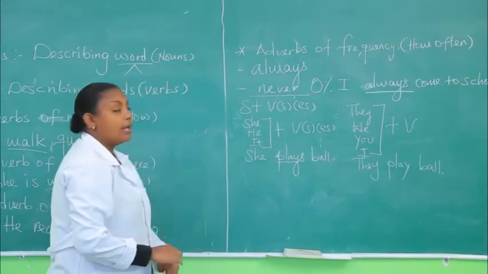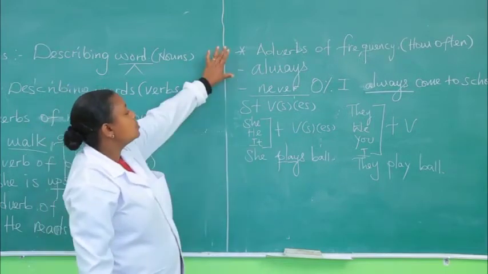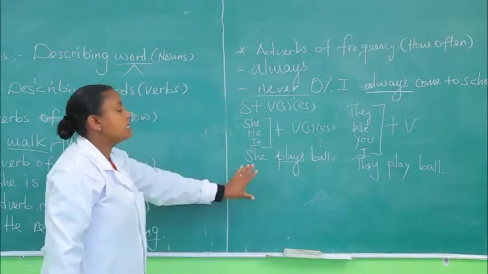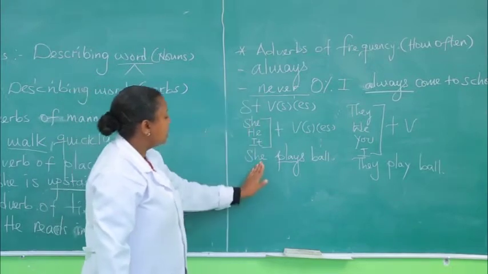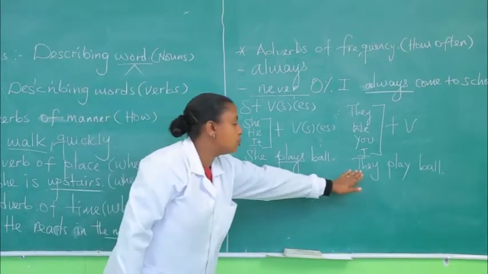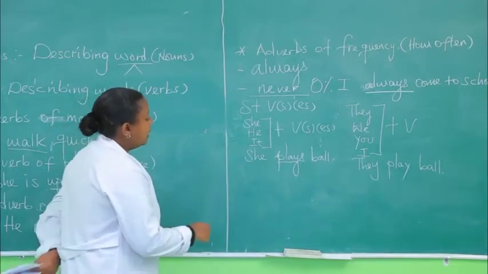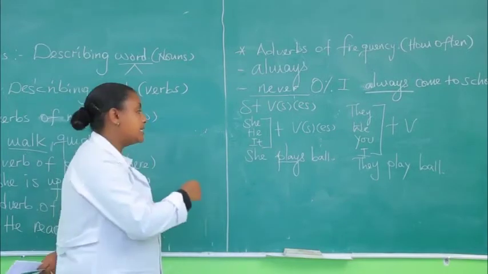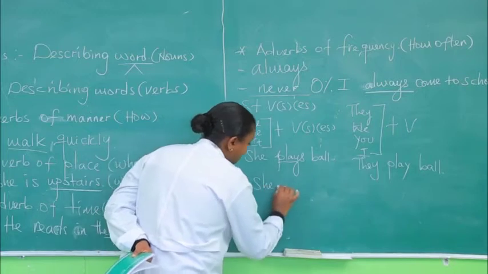So, why did I bring this simple present tense to your mind? Because we always use adverbs of frequency with simple present tense. Simple present tense with singular subjects and plural subjects, you have to see the difference. Okay, now what if I have adverbs of frequency in a sentence? So how am I going to use it? She, blank, always play ball.